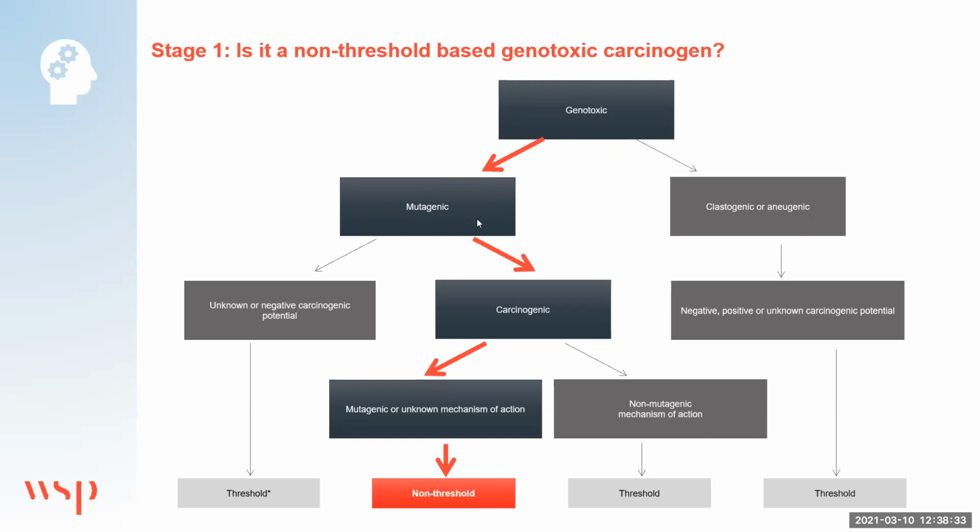Mutagens are DNA reactive substances that have the potential to directly cause DNA damage, part of the genetic material information. And they're generally detected in bacterial reverse mutation assays. So the other side are the clastogens and aneugens.